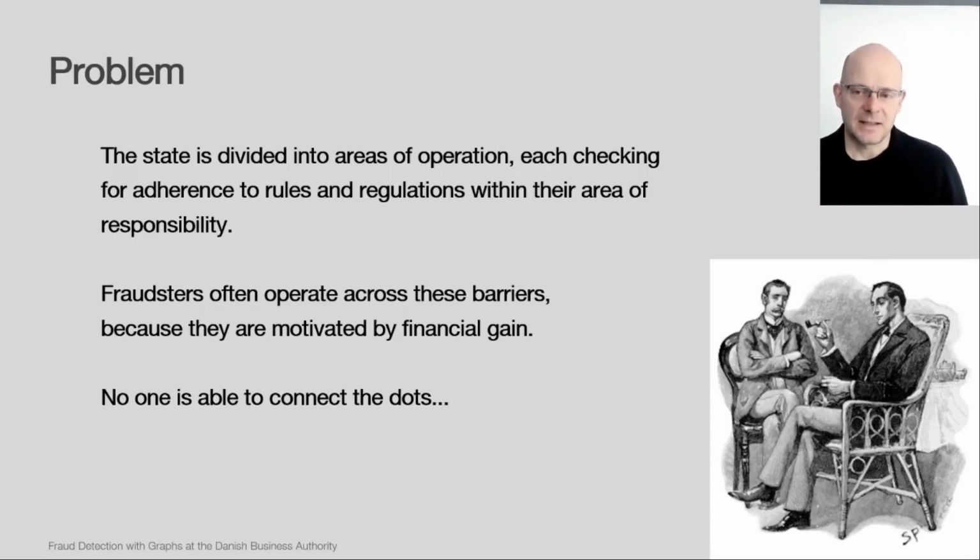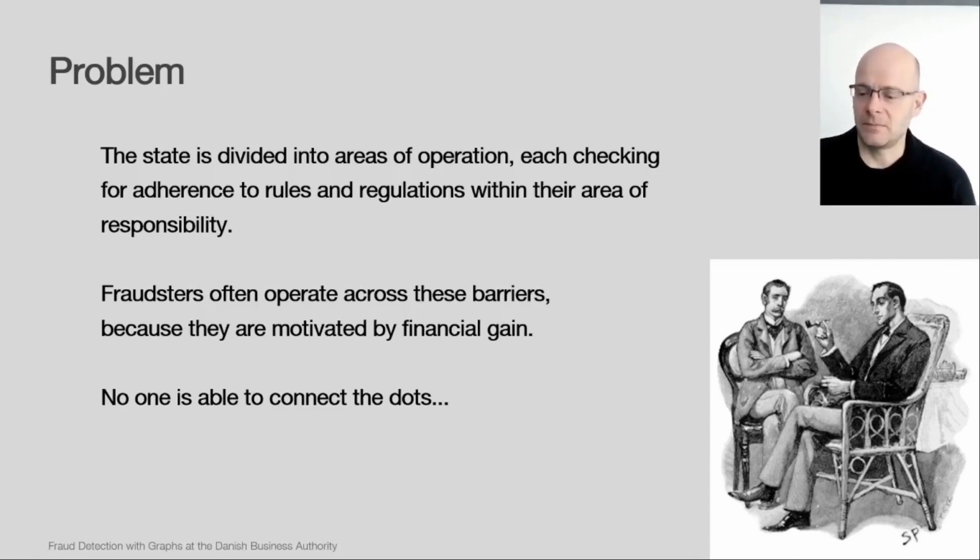And this presents a barrier for the different authorities in that you're supposed to regulate only your area of interest naturally and protect the interests of the citizens as much as possible. But fraudsters are not part of that plan, so they are able to move across the different areas of responsibility in order to commit fraud.